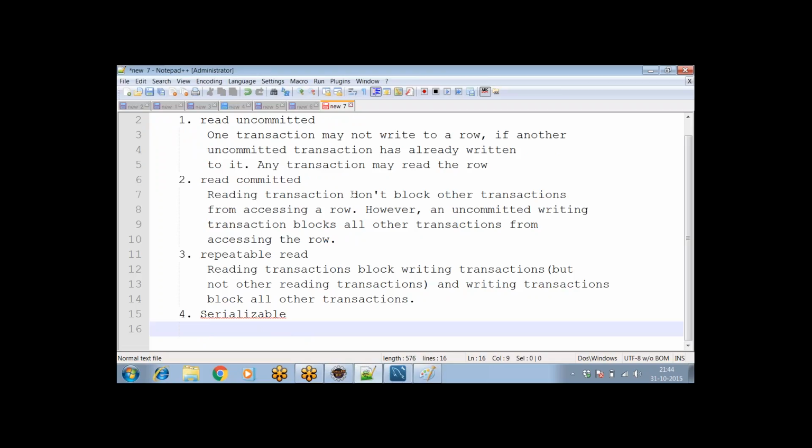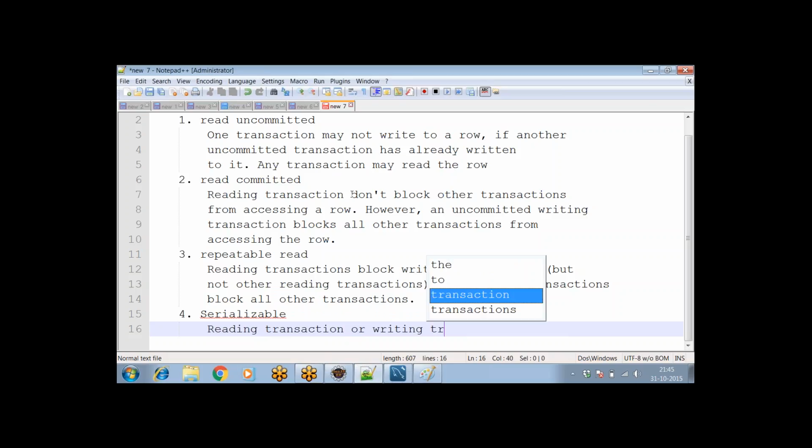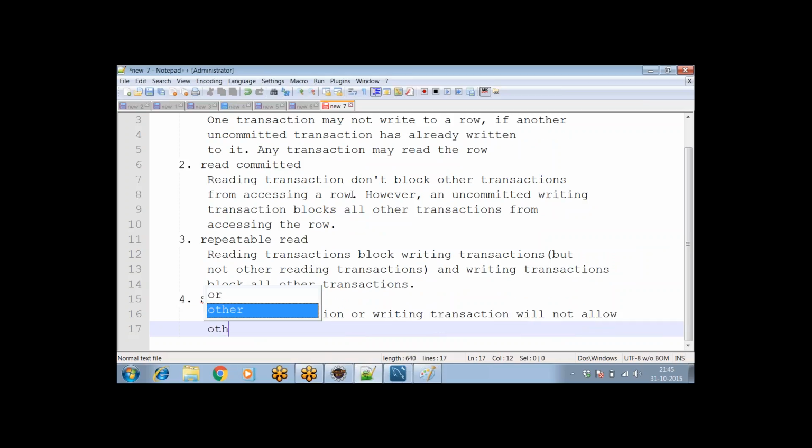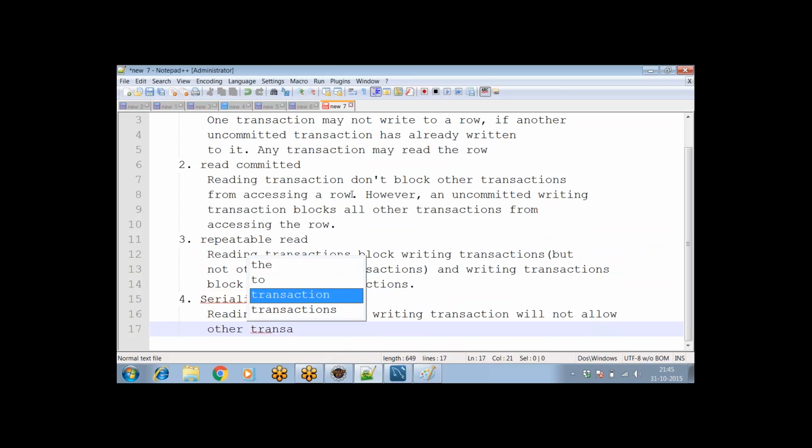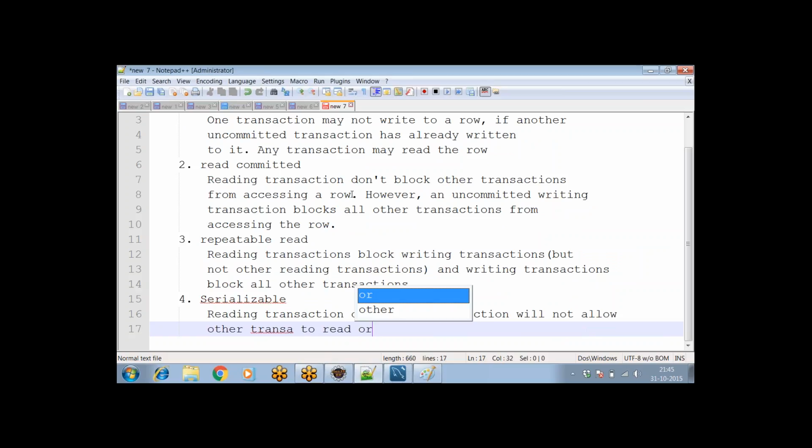You'll find that a reading transaction or writing transaction will not allow any other transaction to read or write.